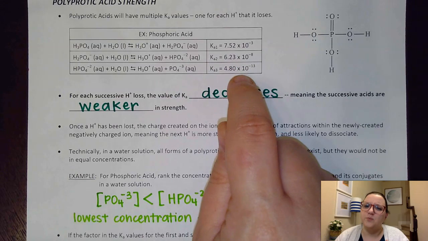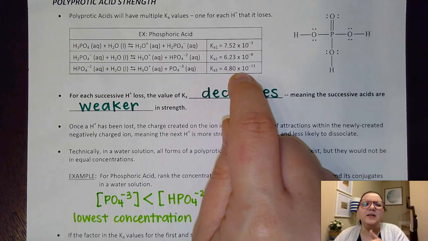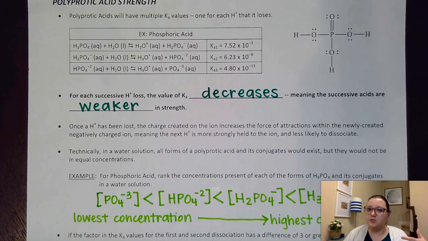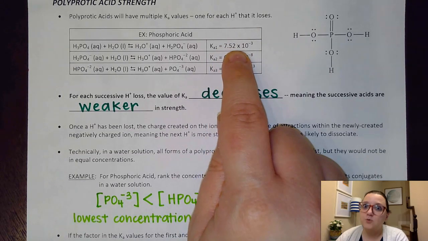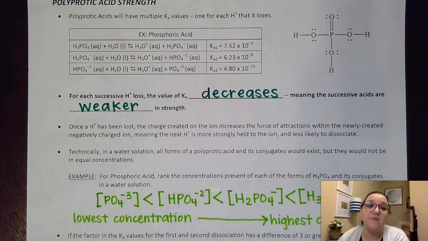Would these other two processes make a little bit of hydronium? Sure, but it's so little in comparison to how much I'm getting out of this first dissociation that those amounts don't really even matter. So that is a trick you can sometimes use on these polyprotic acids that saves you a whole bunch of calculations: because this value is so great, you can assume that most of your dissociation is happening in this first step, and therefore your pH is mainly based off of that first step.